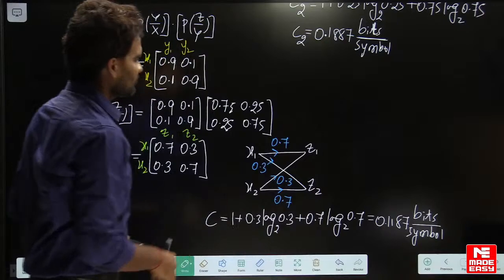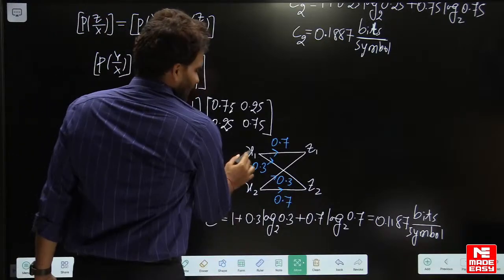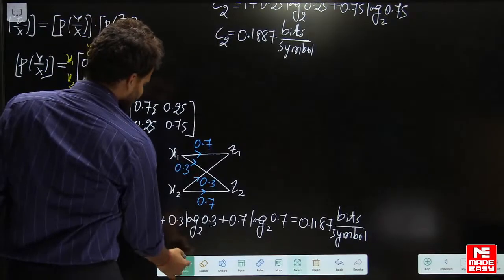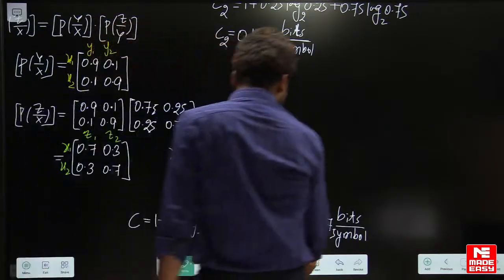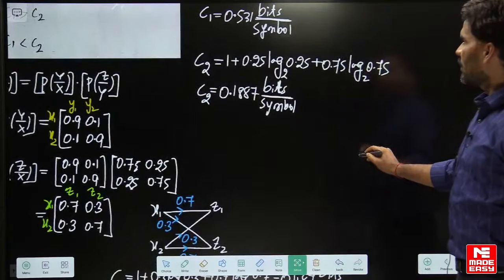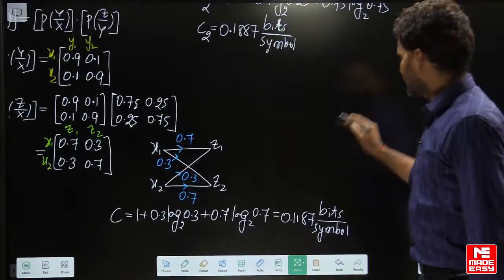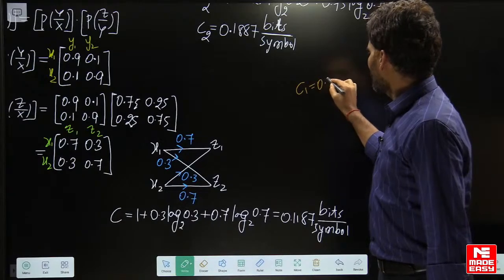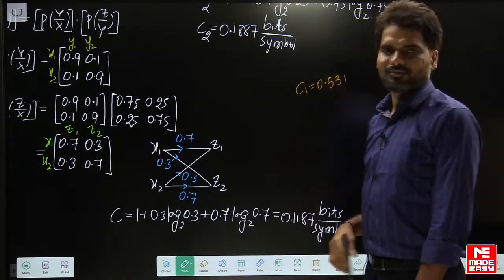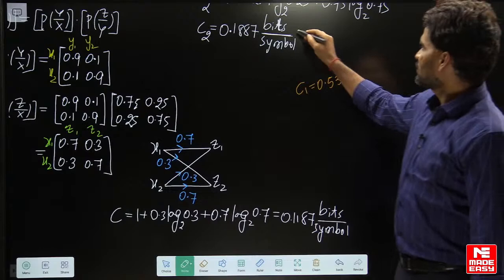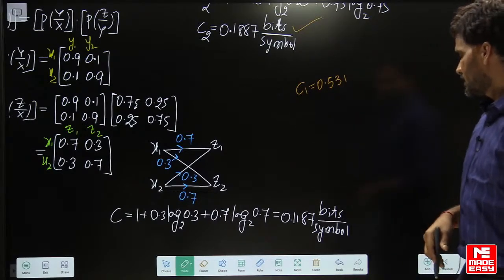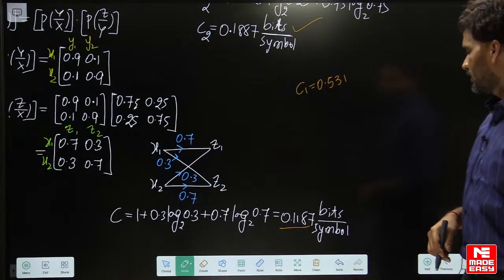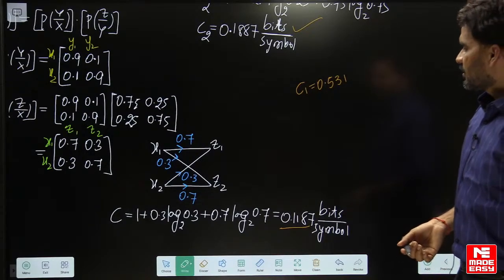Now we have C1, C2 and C also. C1 we got is 0.531, C2 is 0.188, and the capacity of the equivalent channel is 0.118. So it looks okay.